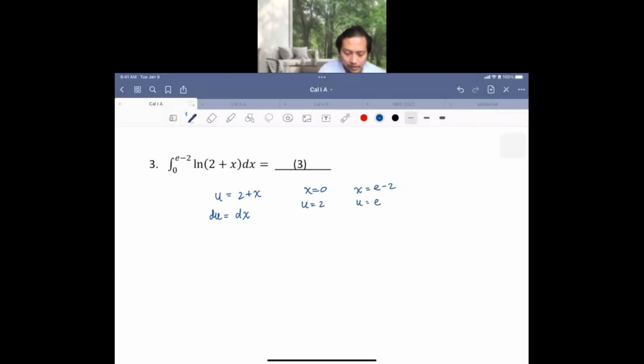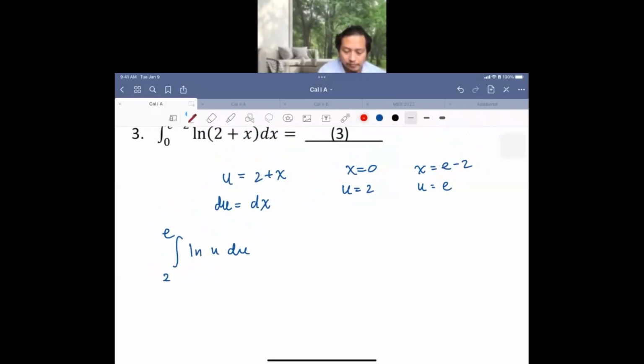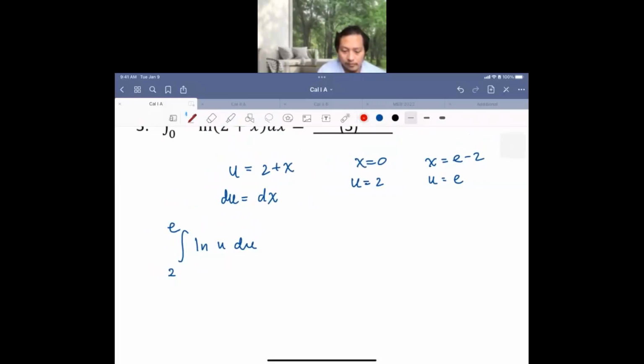So we will have the integral from 2 to e of ln u du. We could take the integration by parts directly. We take this and make it become the integration and the derivative. So this is 1 over u, this is u.